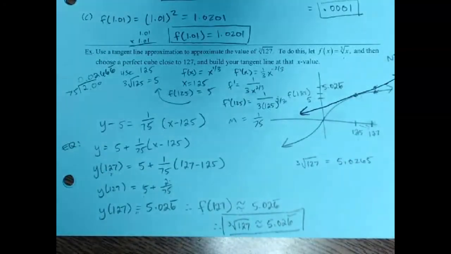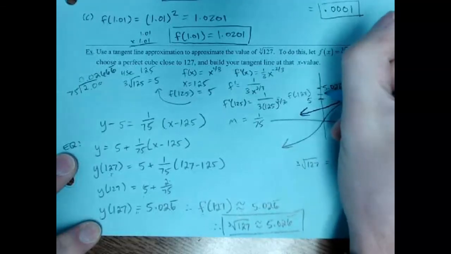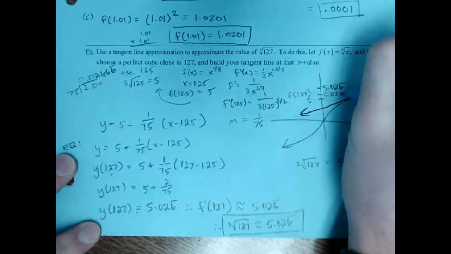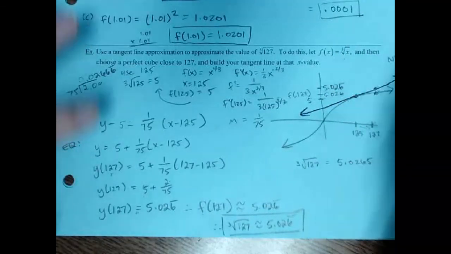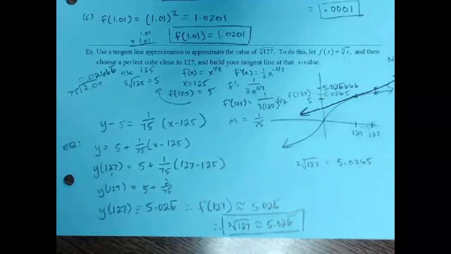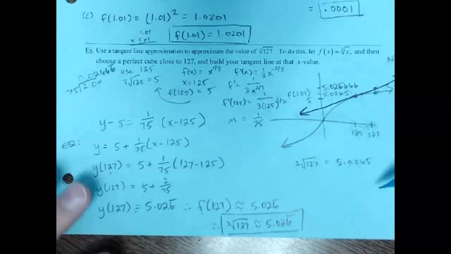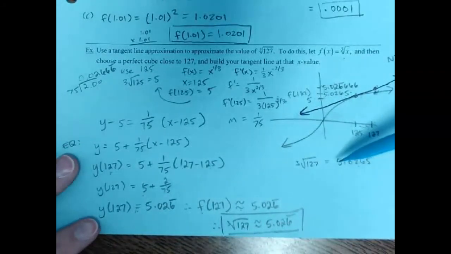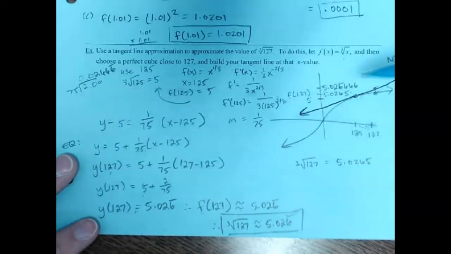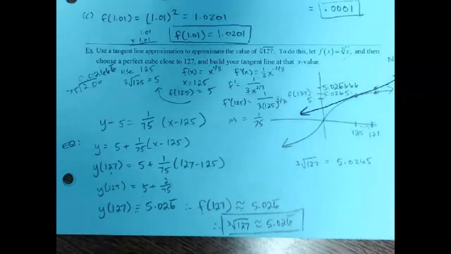So my estimation, and then that true function value, 0.0265. Remember, that was 6666, so on and so forth. So the true function value, I think that might terminate, or it goes longer. I don't really remember. All I have on my answer key is those 4 decimals. But the true function value and my approximation, they ended up being very, very, very close together, right?